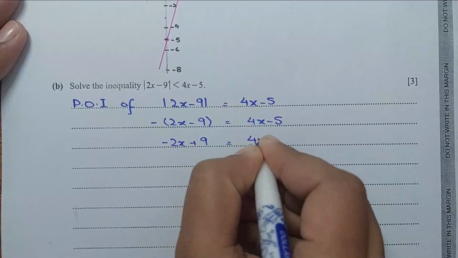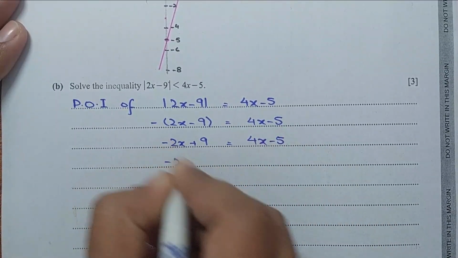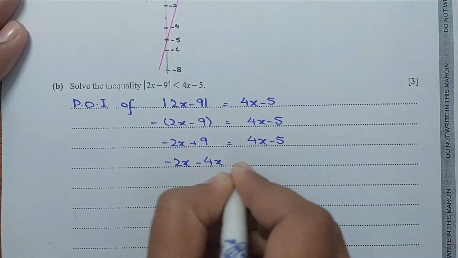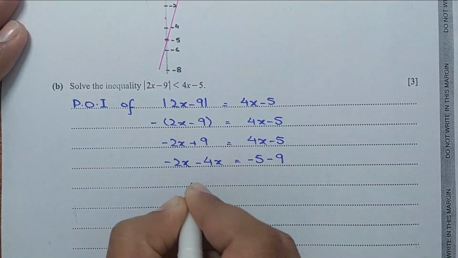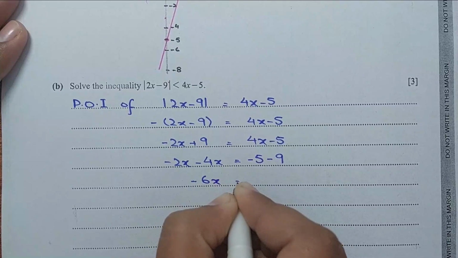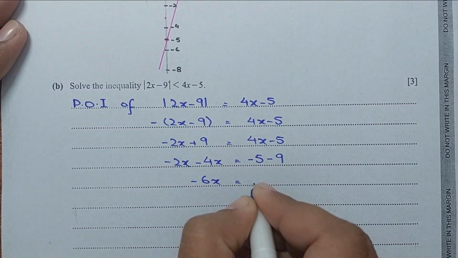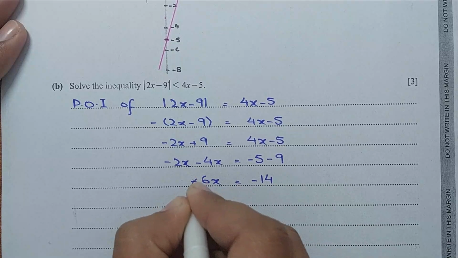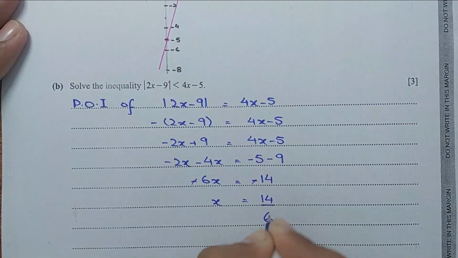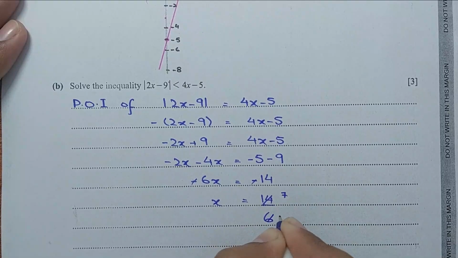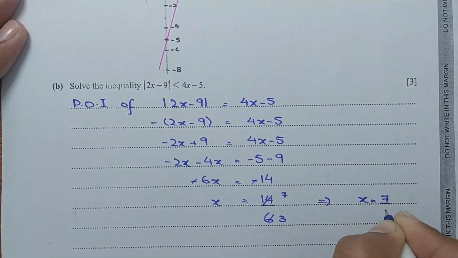This would be equal to 4x minus 5. Minus 2x, and shift the 4x to the other side, minus 4x. This would be equal to minus 5, and shift the 9 to the other side, it becomes minus 9. This is minus 6x, and in 9 when you add 5, this makes negative 14. So negative is cancelled with negative. x would be equal to 14 divided by 6. 2 times 7 is 14, 2 times 3 is 6, and x is 7 by 3.